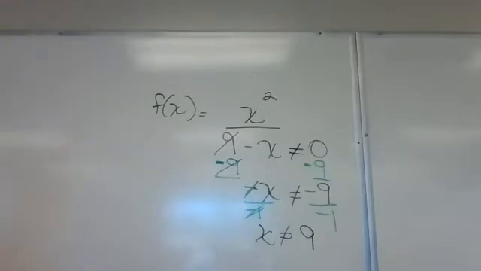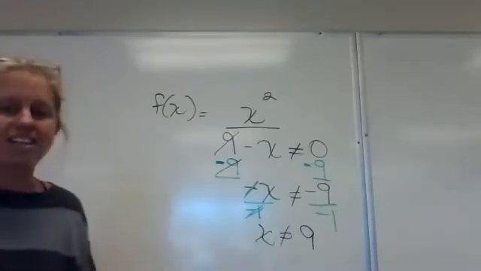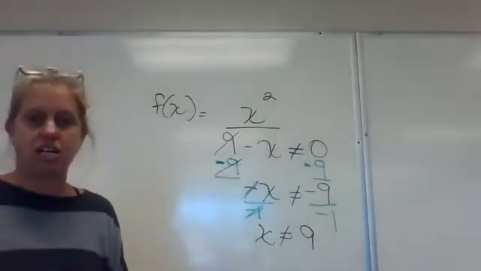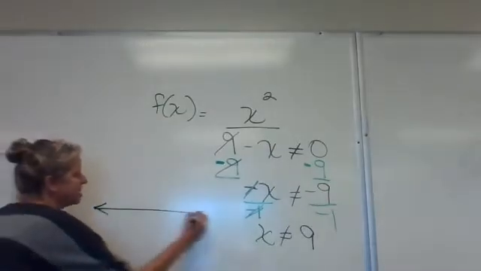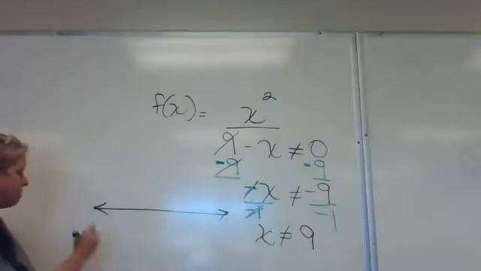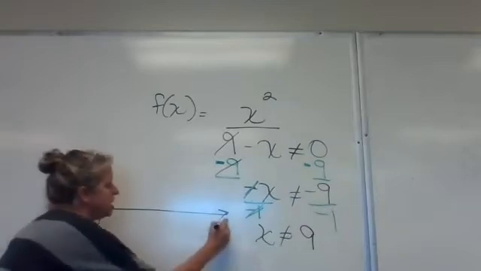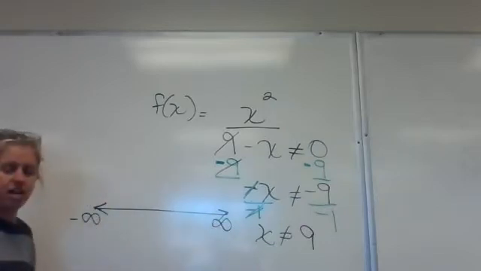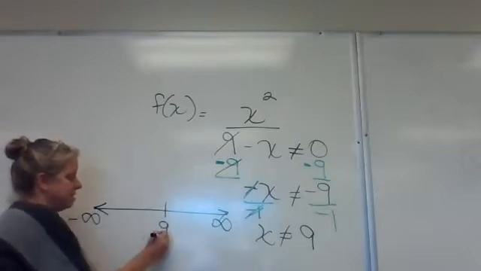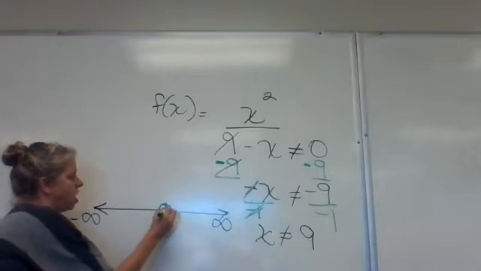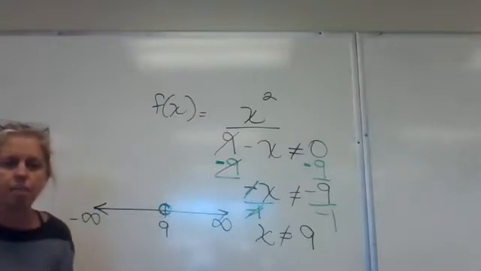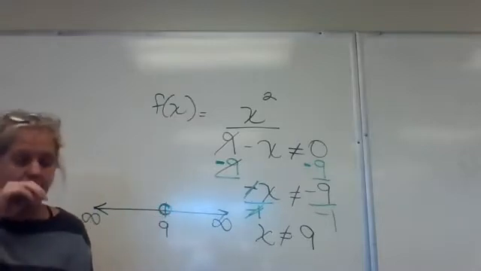Now, just like last week, it's going to want you to write this in interval notation. So what I want to show is on the number line, x can be anything from negative infinity to positive infinity except 9. So I want to show in intervals all the numbers on the number line excluding that 9.